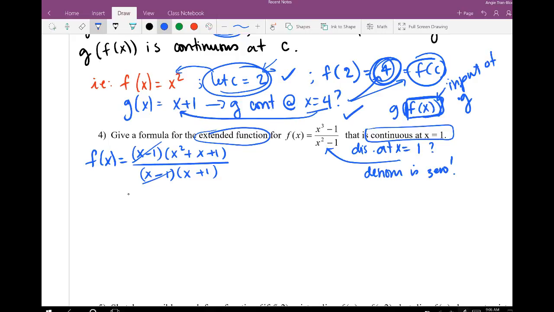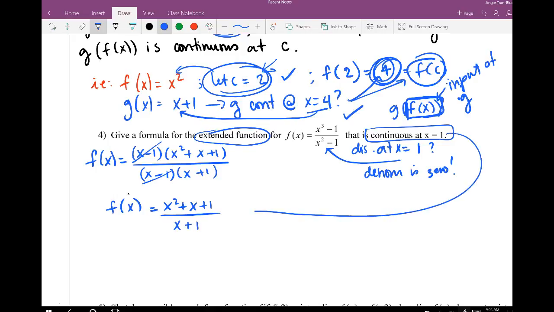The leftover function is the extended function that is now continuous at x equals 1. This extended function might not be continuous at x equals negative 1, but it's definitely continuous at x equals 1. So this is our final answer.